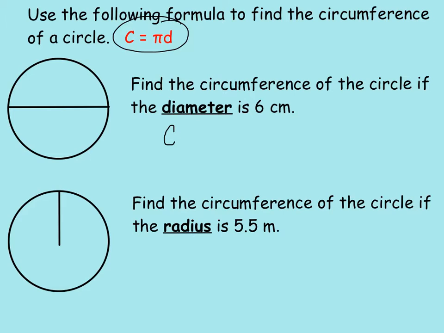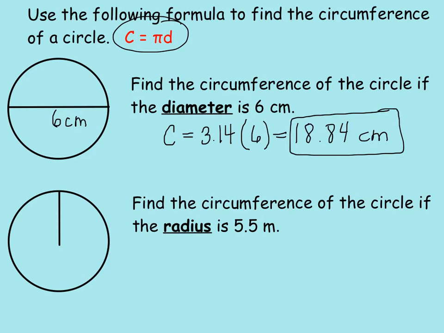So C equals, remember we're using 3.14 for pi, times the diameter of the circle, which here is 6. When we multiply these, we end up with 18.84 centimeters. The circumference is always measured in just plain units like centimeters or yards. It doesn't have the squared sign like area does.